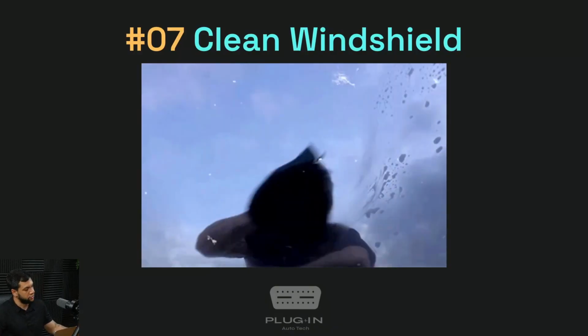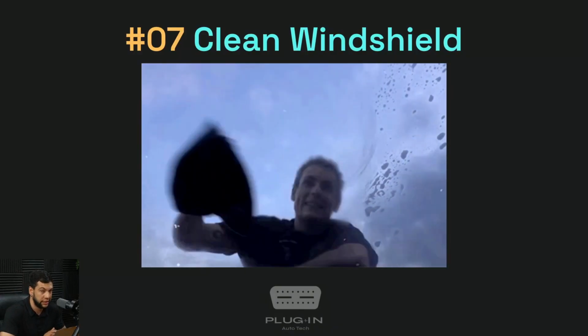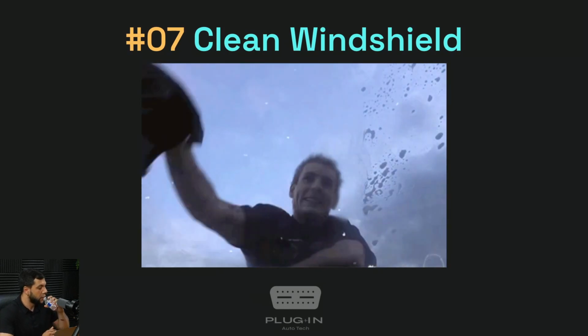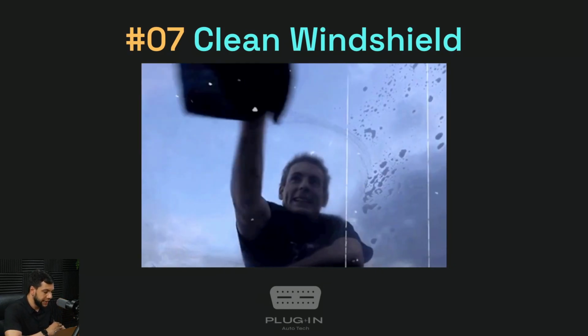And let's go to the next step. The next step is another obvious thing, but keep this in mind: clean the windshield. That might be obvious, but maybe there is something on the outside of the windshield that is making your camera not detect the targets very well.